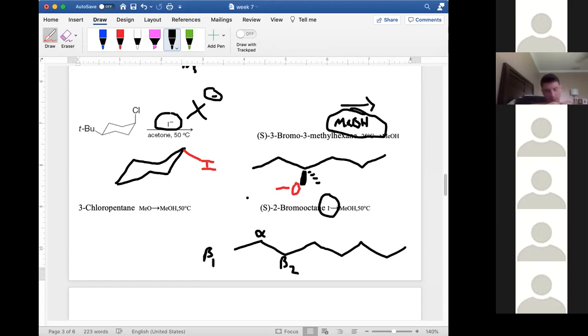Some people are saying B2. Why? Not only is the base small, but the key with E1 is that you want to create a more substituted double bond. That's why, hypothetically, if this reaction were E1, the double bond would be created there. Does that make sense?